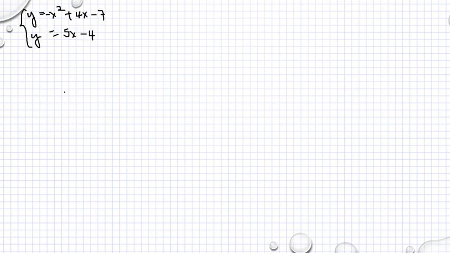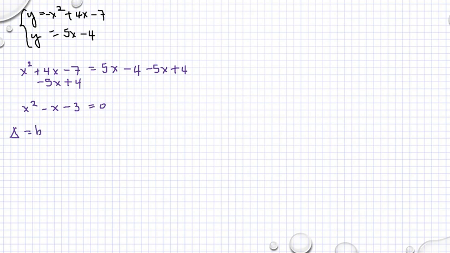Another example is this one. We have x squared plus 4x minus 7. Let's see if we have a point of intersection with 5x minus 4. Subtracting both sides of the equation by 5x and adding 4, minus 5x plus 4, then we have x squared minus x minus 3 is equal to 0. If you want to take the discriminant, we have b squared minus 4AC there.